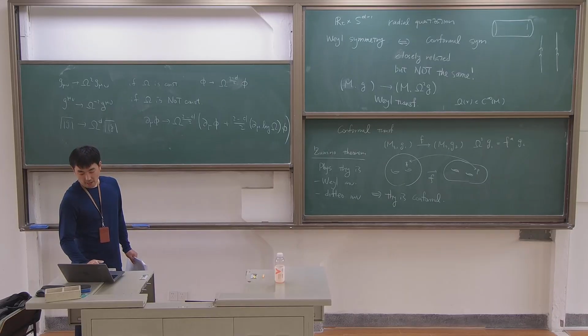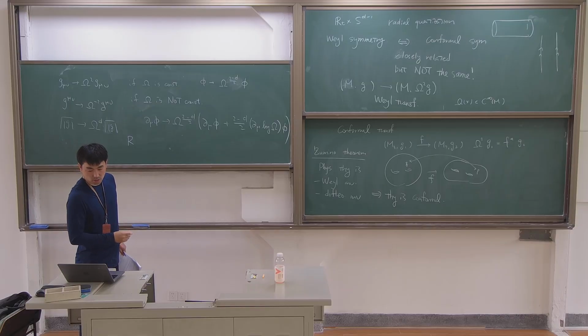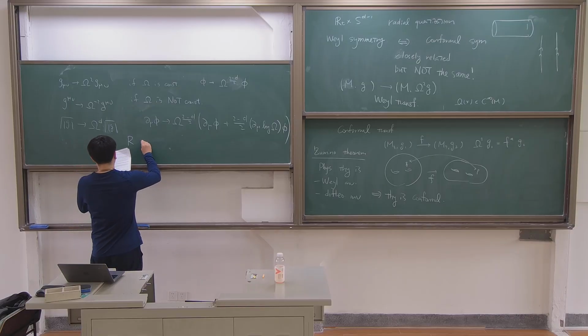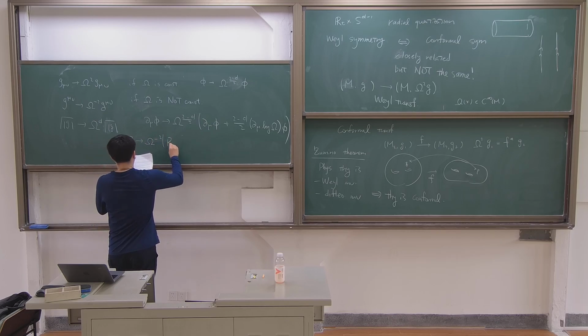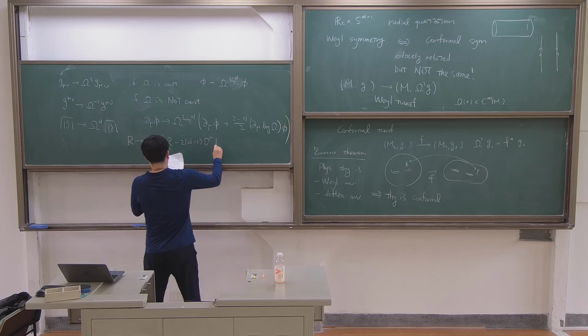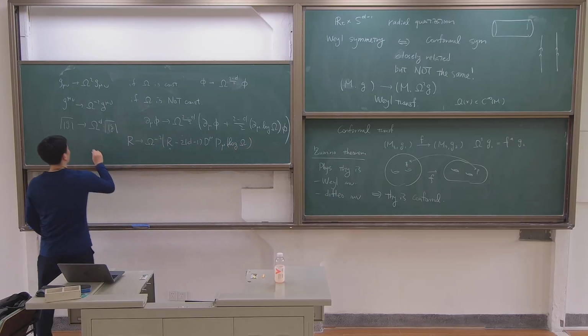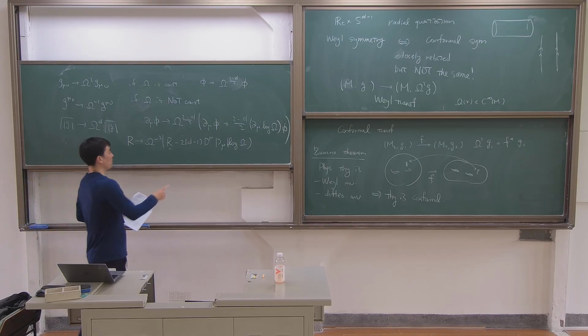And the Ricci scalar is also transformed: omega to the minus 2 times R, minus 2 (d minus 1) times a term with the derivative of log omega. If you look at Wald's book, you can just find this formula.